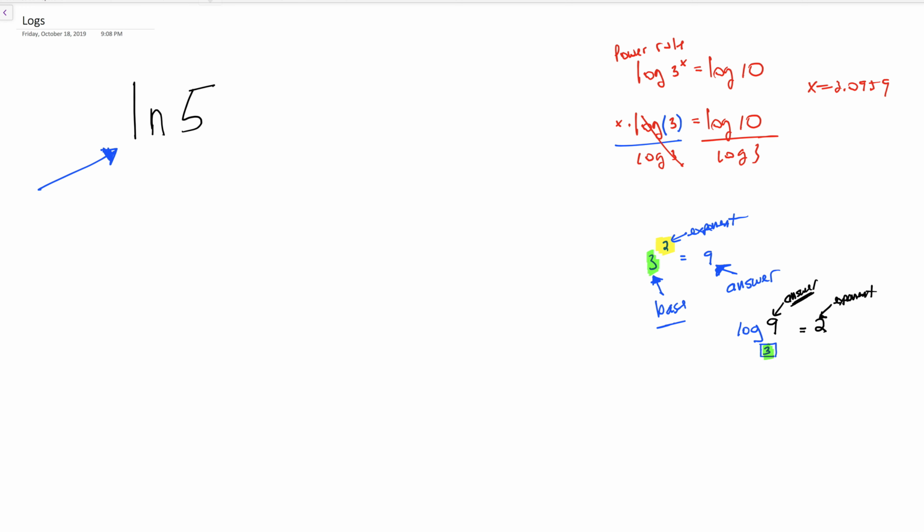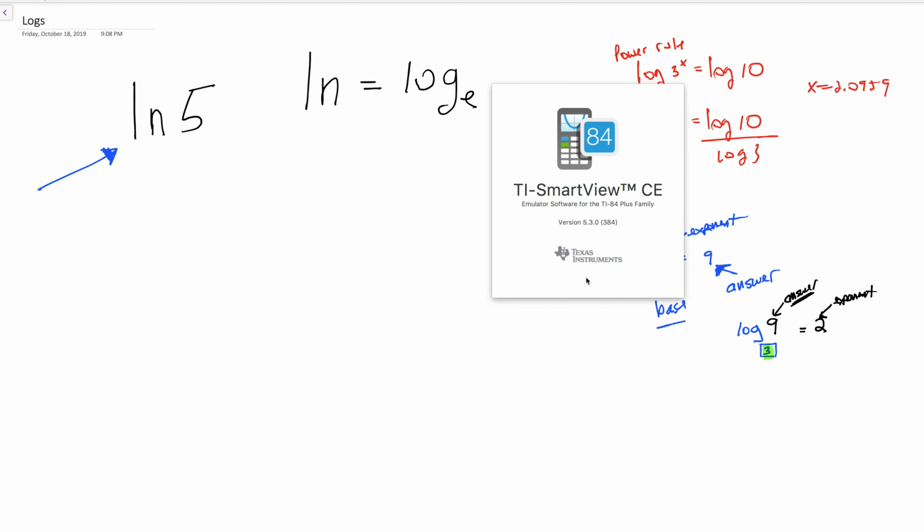All ln is, is log base e. e is the magic number e. It's like 2 point something. If you punch e in your calculator, and if you want to look up how to get e on Wikipedia, it's there.